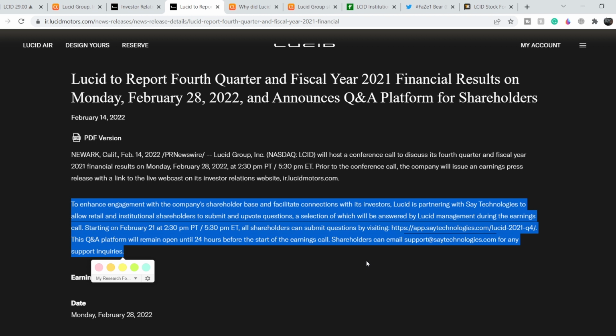Otherwise, if they announce weak results for 2021, and if they didn't deliver 570 vehicles in 2021, and if they reduce their forecast for the upcoming production rate, definitely it will push the price of Lucid down. So let's continue with other news.